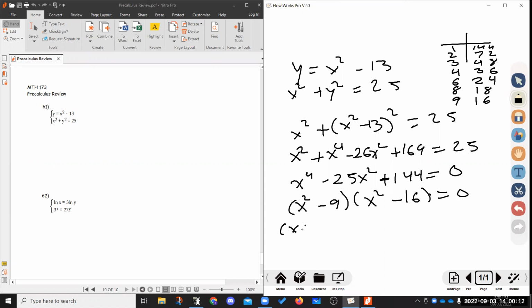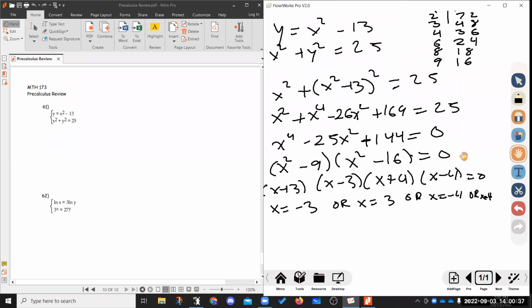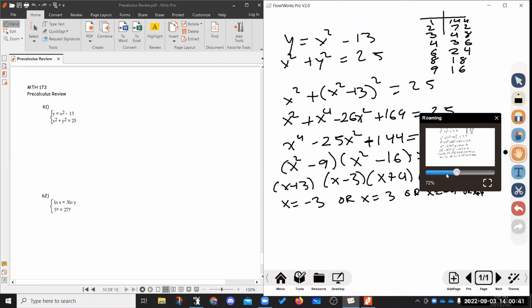So this is x plus 3 times x minus 3, x plus 4, x minus 4. So x is equal to -3, or x is equal to 3, or x is equal to -4, or x is equal to 4. So that means that I want to zoom out a little bit so you can see everything here.